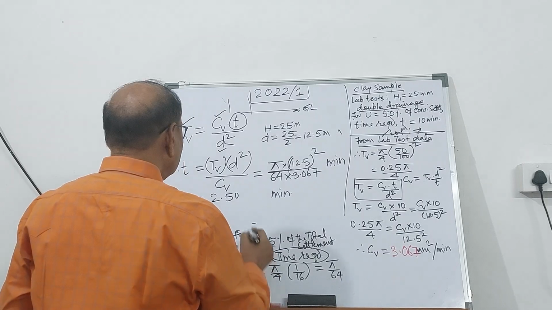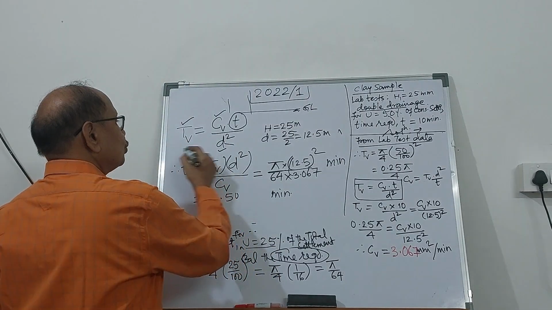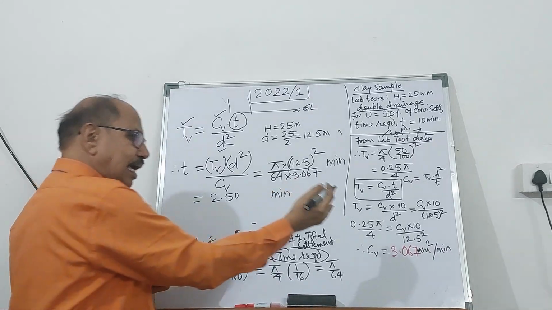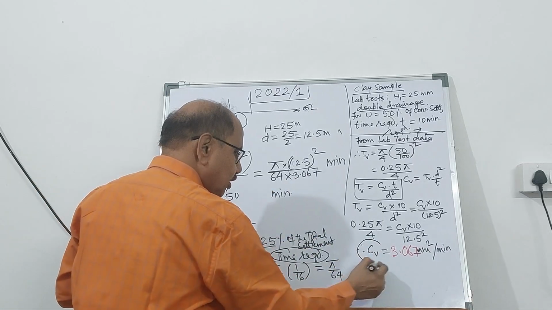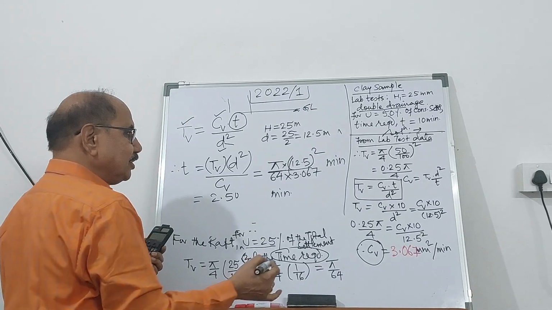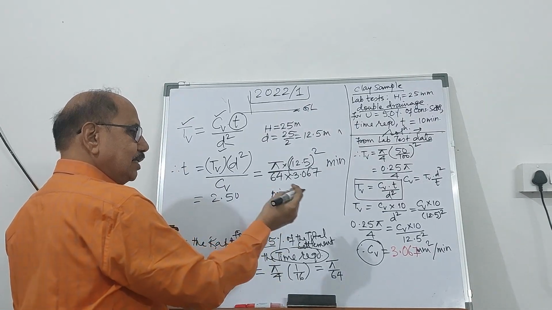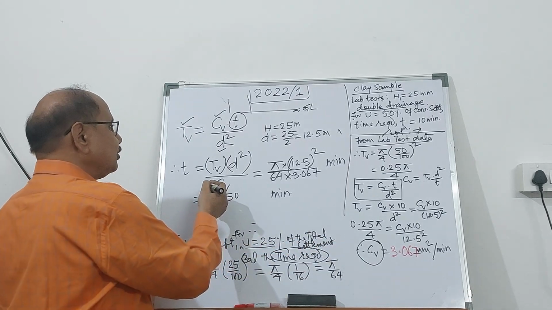So I have shown you the techniques by which you can, from the lab test, compute the value of coefficient of consolidation, and because the sample is from the site, the CV remains unchanged.